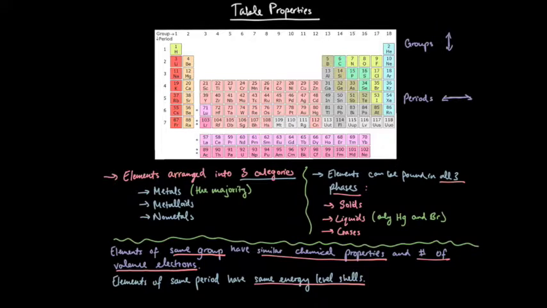And basically, groups and periods, what's the difference? Groups are the vertical columns that go up and down, and periods are the ones that go left to right across the table. Okay, same group, same number of valence electrons; same period, same number of energy level shells.